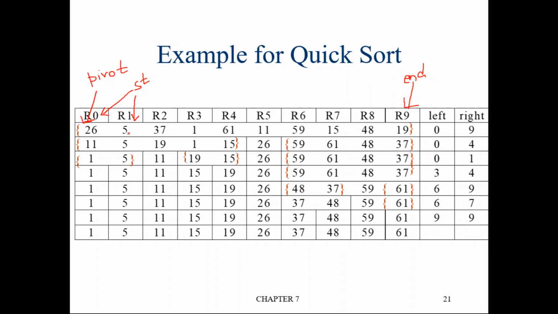Again you check, is 5 less than or equal to pivot 26? Yes, so increment start. Now start will point to 2. Again you check, is the element at start location, 37, less than or equal to pivot 26? No, it is greater, so stop.